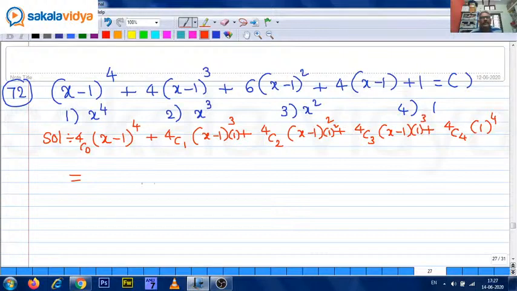This is (x minus 1 plus 1) whole to the power of 4. Obviously this will be x to the power of 4. That means the first option is the right option. First option is the right option. Right.